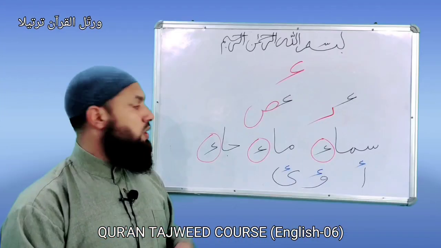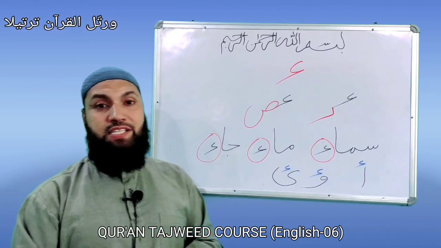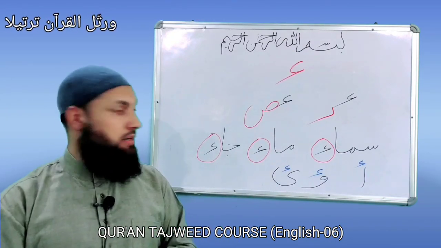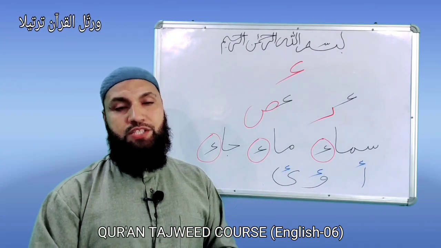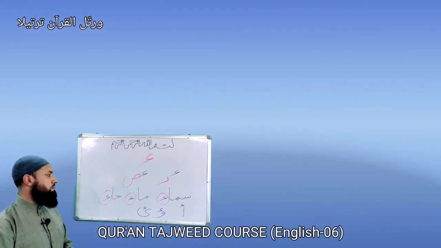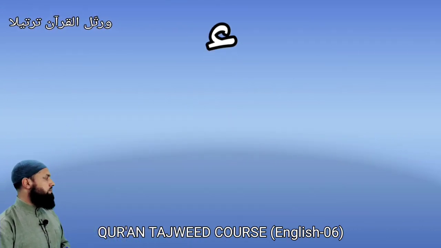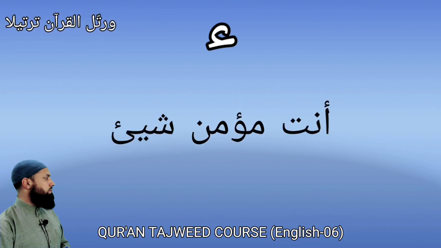Let's look at some examples where hamza is used at 3 different positions in different words and see how it is written independently and how it is written over a seat, and see which letter of the English alphabet it corresponds to. Hamza as in anta mu'minun shay'un. In the first word, hamza is used at the initial position.